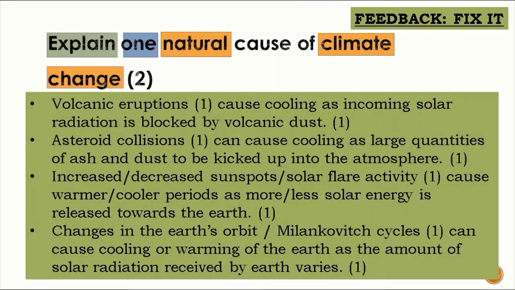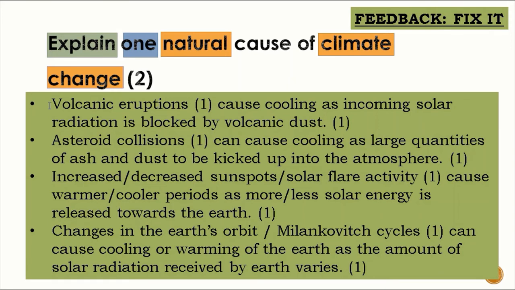Okay, perfect. Welcome back. You should have an answer to that question. We're going to go through the mark scheme as to what the exam board suggested you needed to answer these questions. I have taken this directly from the mark scheme. So we'll look at what kind of got you the marks and how your answers can be improved. So the first section is talking about volcanic eruptions. So there is one mark available for identifying a natural cause of climate change.